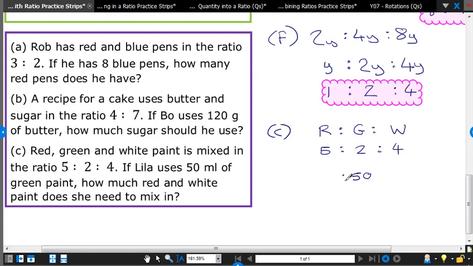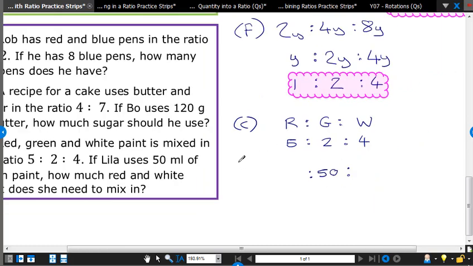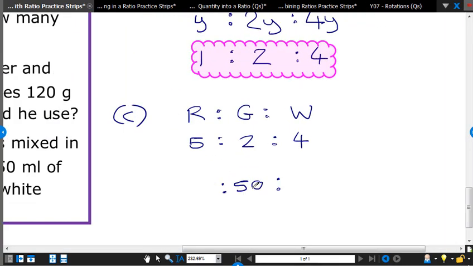Okay, cool. So, oops a daisy, I'll just change that. Okay, so I'm just gonna drag this down a little bit to here. So, we know Lila uses 50 milliliters of green paint. So we need to know how much does she use of the others.